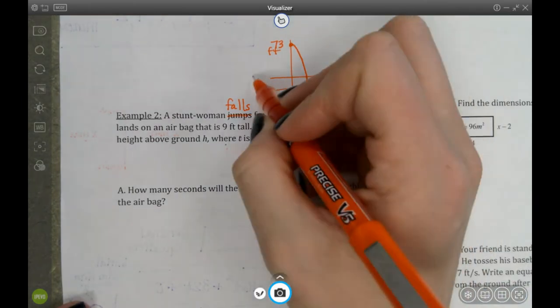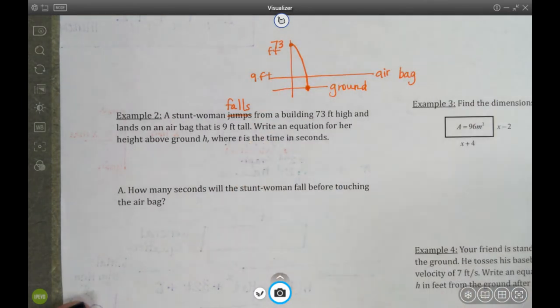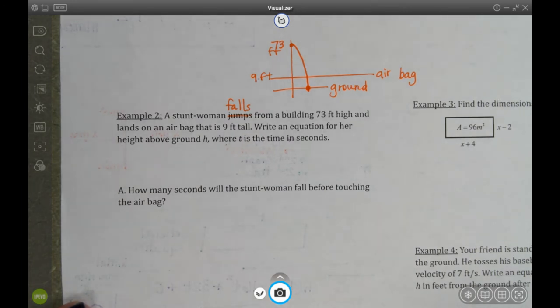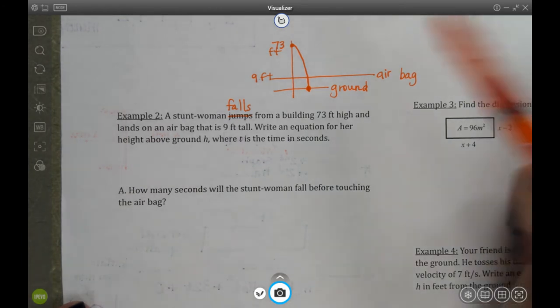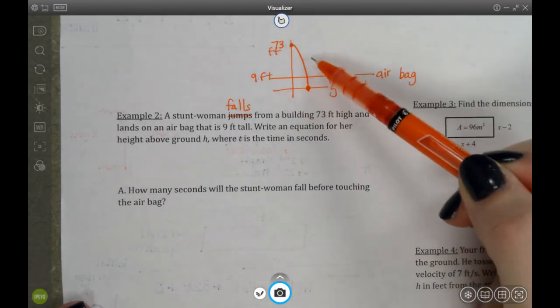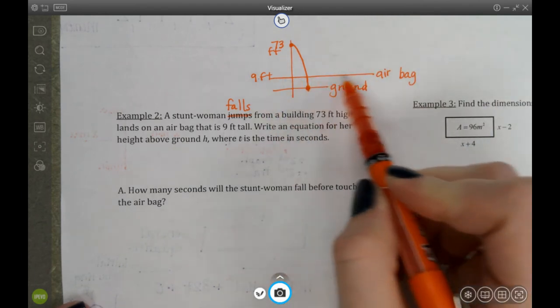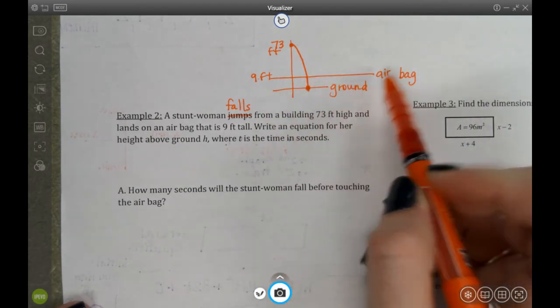And the airbag is 9 feet off the ground. So in a minute when I graph it, that's what I want my graph to look like. I want to be able to see where she starts up here at 73 feet, and then where she falls, and then she's going to hit this 9-foot line.